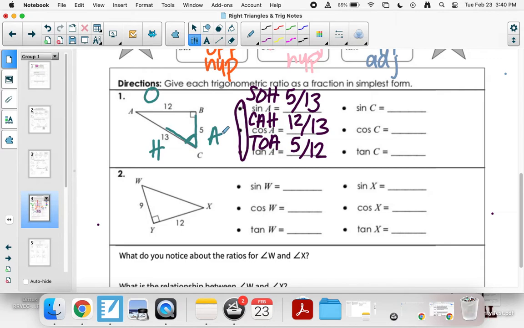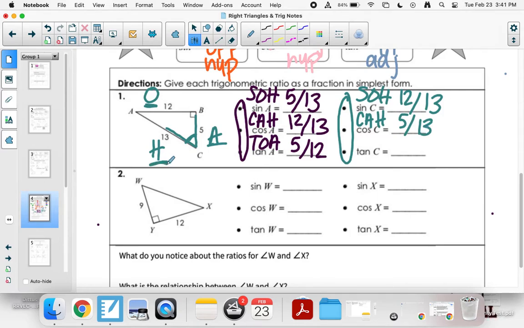So for sine, we do all these from C. We have to put opposite first, the O, 12, over the hypotenuse, 13. Cosine is CAH, so the A, adjacent, has to go on top. So 5 has to go on top, over the hypotenuse, 13.